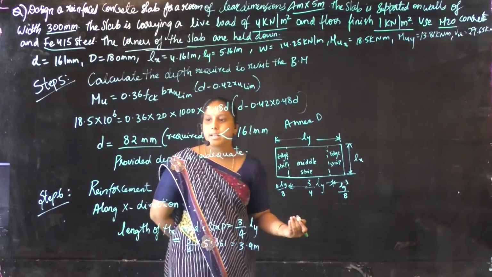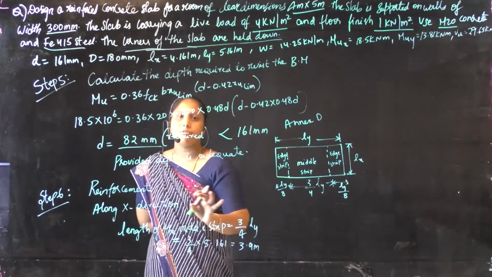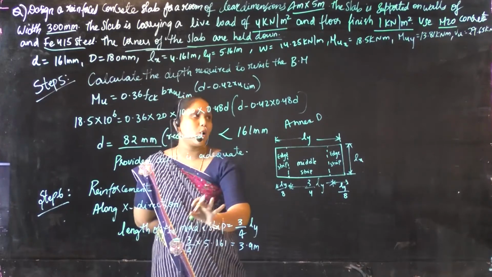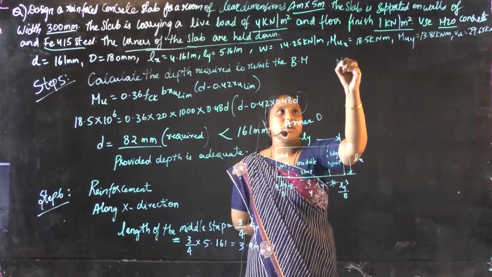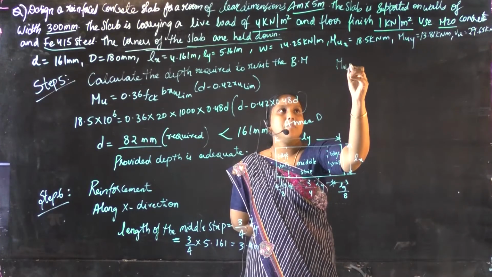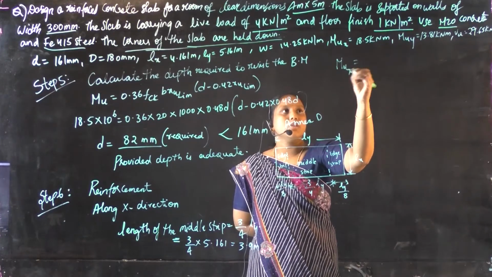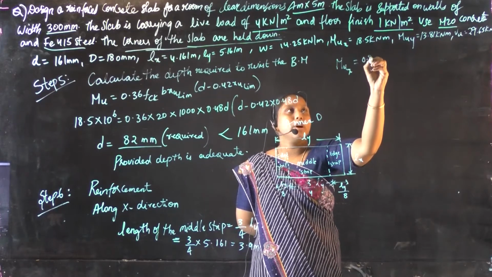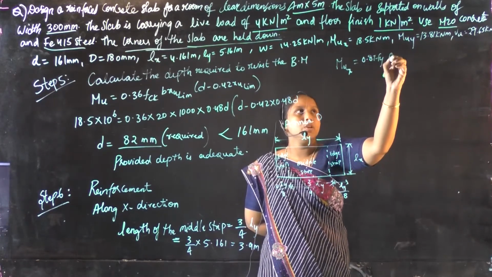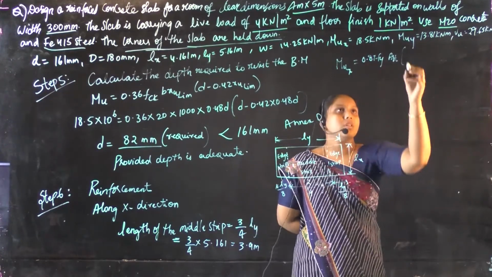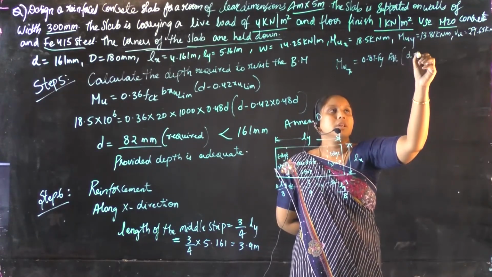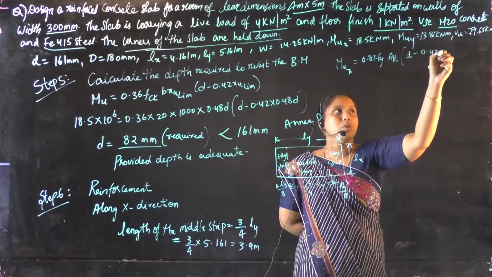Now let us calculate the area of steel which has to be provided along the x direction. We calculate using the equation Mux is equal to 0.87 Fy into Ast into (d minus 0.42 Xu).